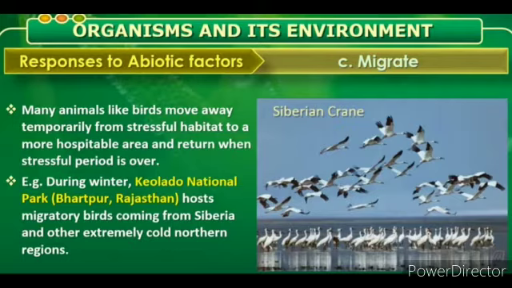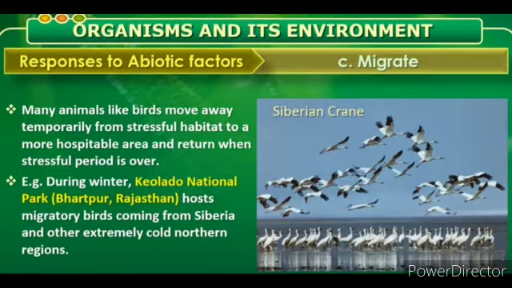The organism can move away temporarily from the stressful habitat to a more hospitable area and return when the stressful period is over. In human analogy, this strategy is like a person moving from Delhi to Shimla for the duration of summer.